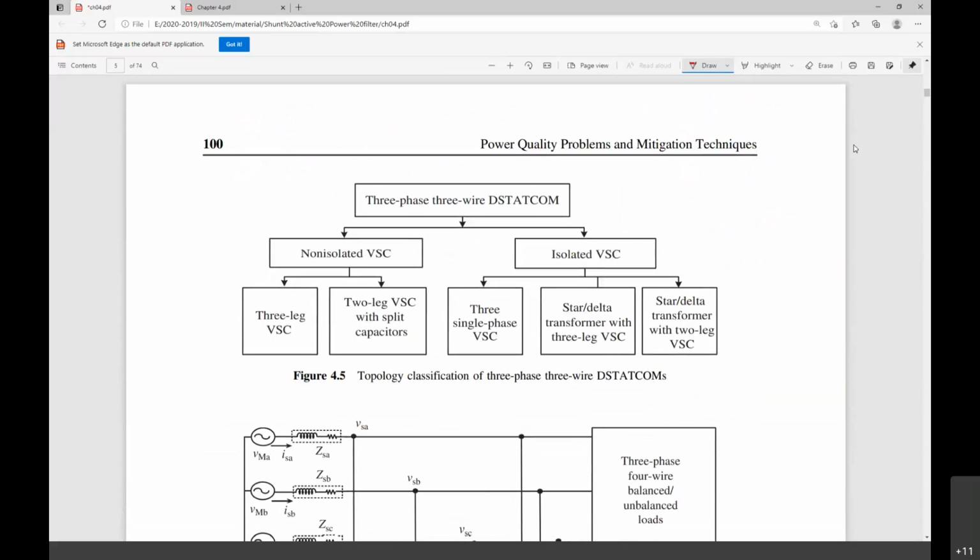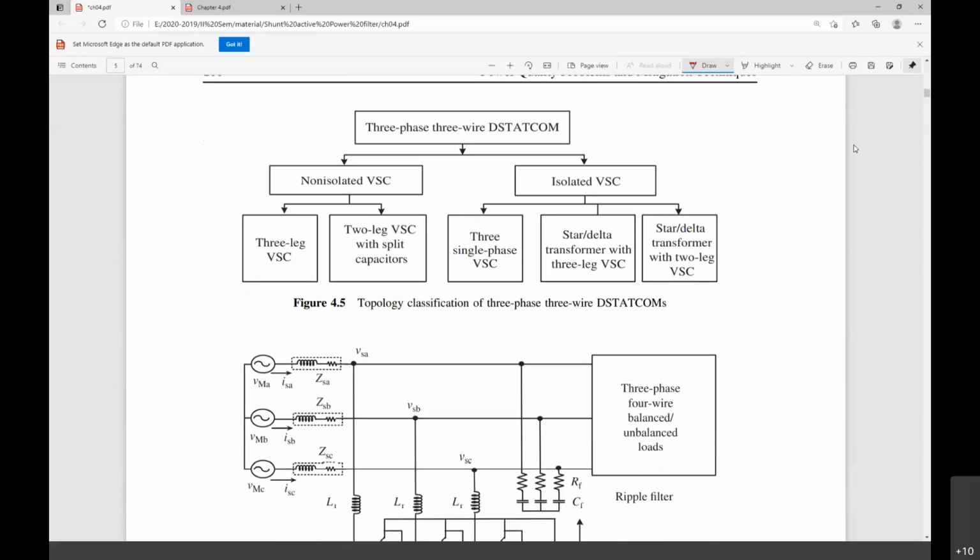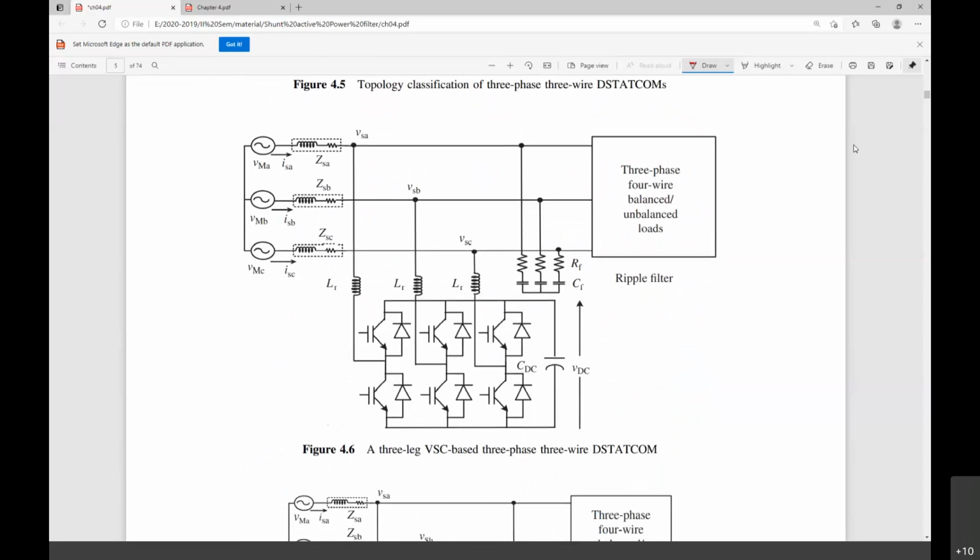Next, in a three-phase, three-wire system, we have a non-isolated voltage source converter and an isolated voltage source converter. This particular topology is non-isolated, because there is no isolation between the VSC and this particular point.